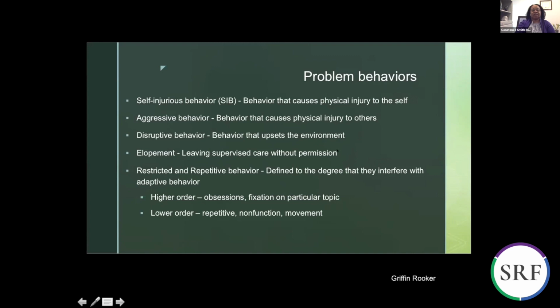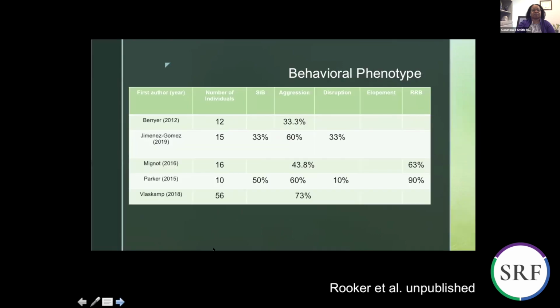Elopement is a major challenge for many parents when it does exist, as kids tend to leave their supervised care without permission. Now, the restricted and repetitive behaviors are defined based on the degree to which they interfere with adaptive behaviors. They can manifest as obsessive behaviors or fixation on topics, or repetitive non-functional behaviors.